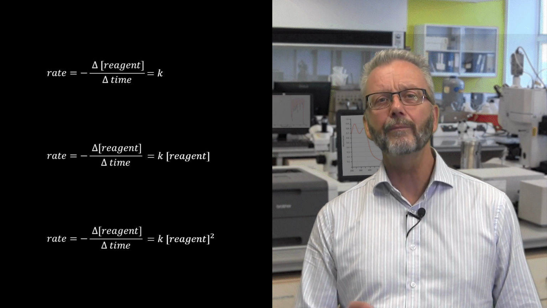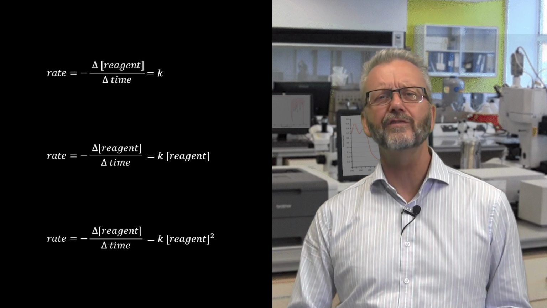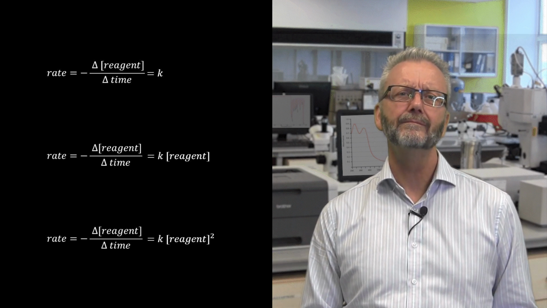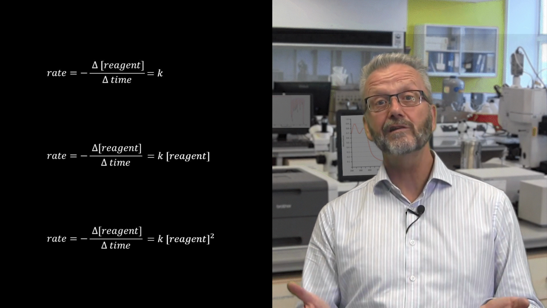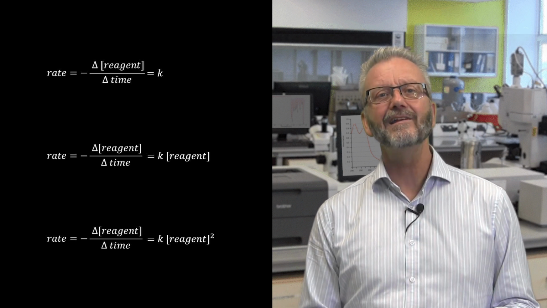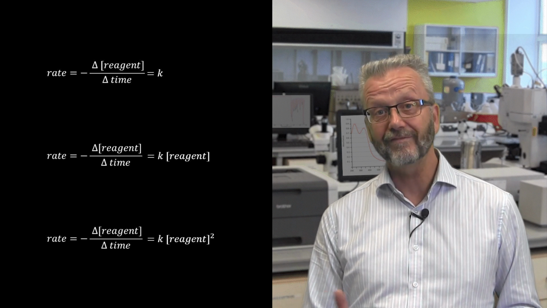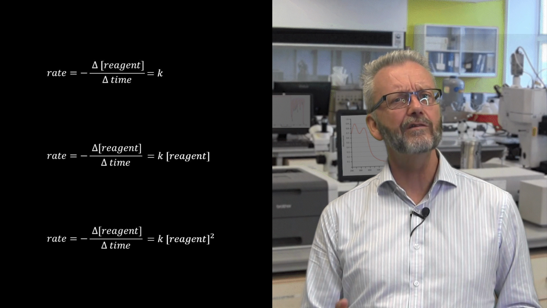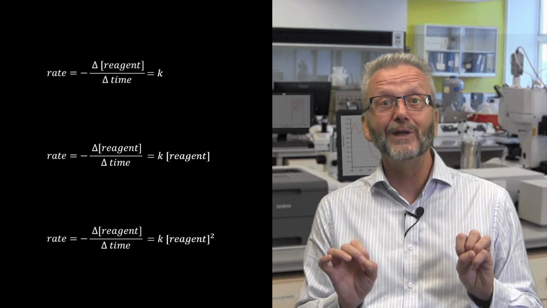There are a few other possibilities, but these are rare and well beyond the scope of these videos. So, now we have three equations which can describe the rate of a reaction and its relationship to the concentration of the reagent. In fact, we can make these equations more like one another with a little mathematical manipulation.